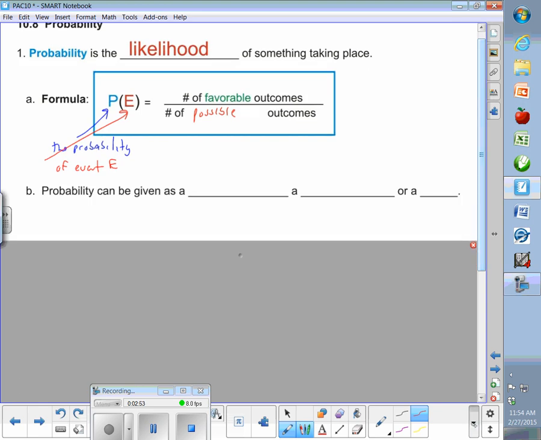Probability can be given a couple different ways. It can be given as a fraction. If there are 4 teams, then one of the teams is going to win. There's one favorable outcome. How many total teams? 4. As a fraction, that's 1/4. It can also be given as a decimal.